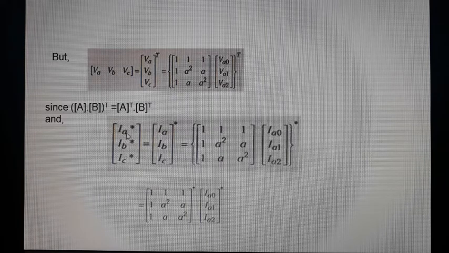Taking Ia conjugate, Ib conjugate, Ic conjugate, this can be written as Ia, Ib, Ic whole conjugate. And Ia, Ib, Ic can also be expressed in terms of symmetrical components with the same matrix, and whole conjugate.